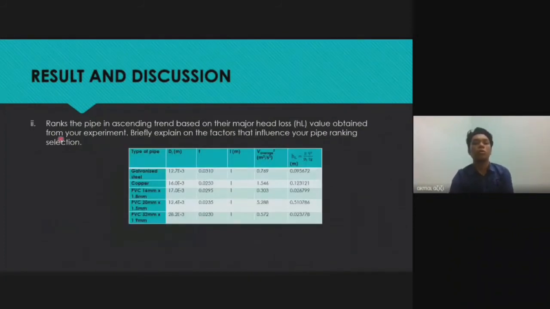Next, we need to rank the pipes in ascending order based on their major head losses.